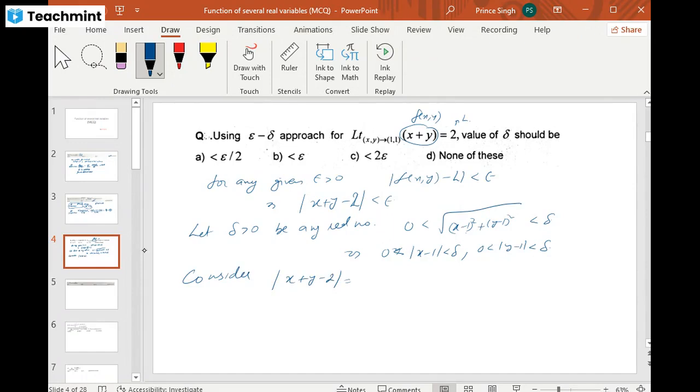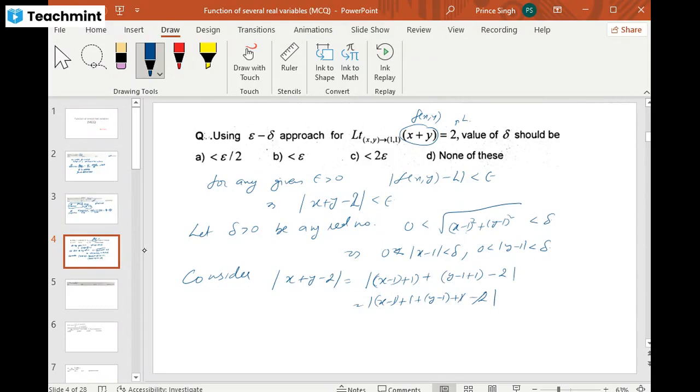Because the condition is given in terms of x minus 1 and y minus 1, we convert x as x minus 1 plus 1, and similarly y as y minus 1 plus 1, minus 2.